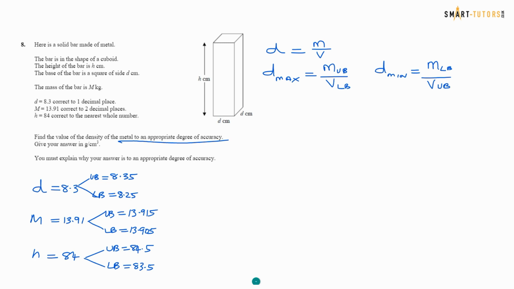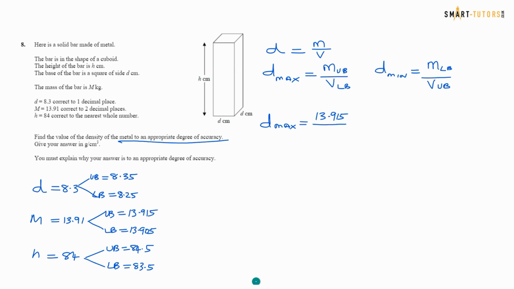Right? So now we need to substitute. So D max equals M upper bound, 13.915, divided by V lower bound.